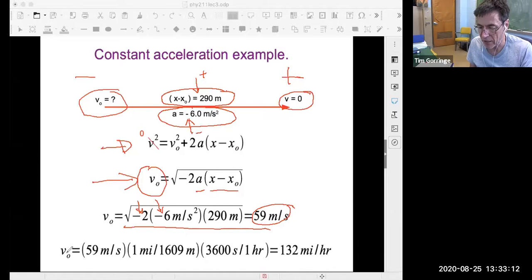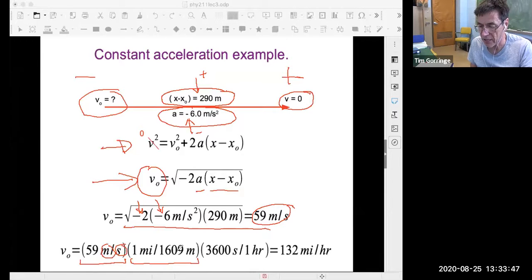I did one last thing because I wanted to see whether the guy's getting a speeding ticket from the British police. Speed limit on a motorway, which is a freeway, is 70 miles per hour in Britain. So I took the 59 meters per second, and I'm going to convert the meters to miles, and convert the seconds to hours. And I multiplied it by the relevant conversion factors. 1 mile is 1,609 meters.